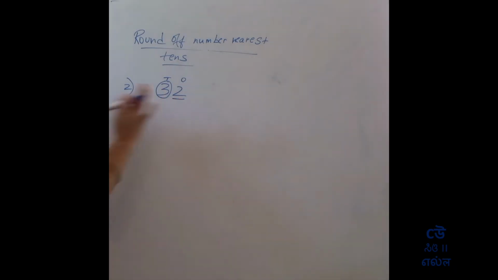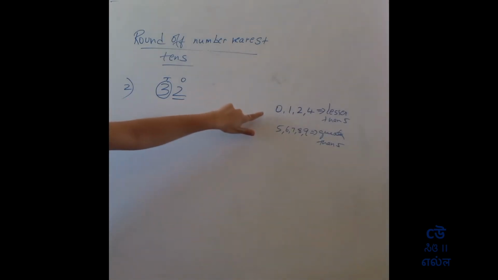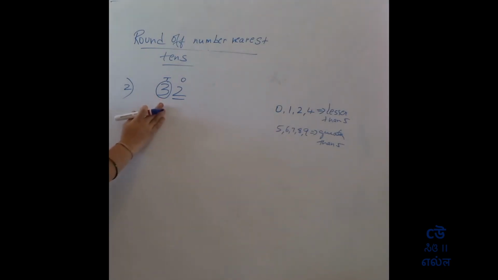So 2 is lesser than 5 or greater than 5, children? 2 is obviously lesser than 5. So the number will be as it is. No need to increase the tens place value. So it will be 3.